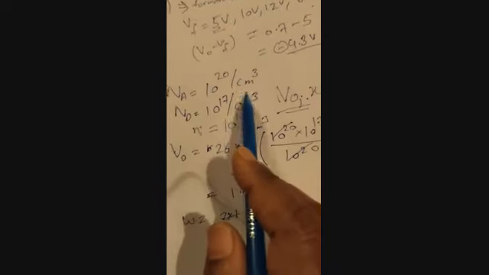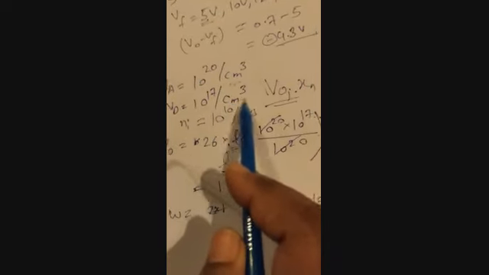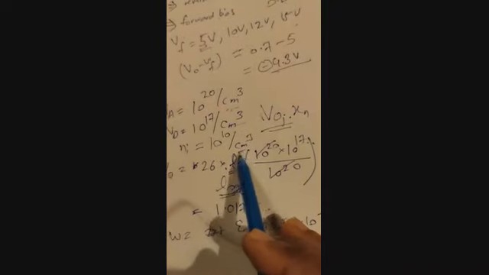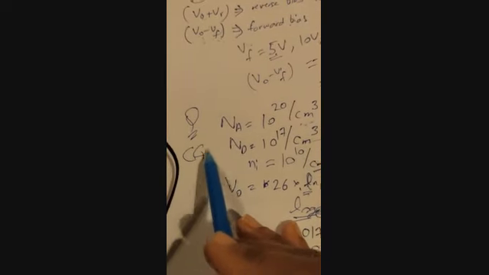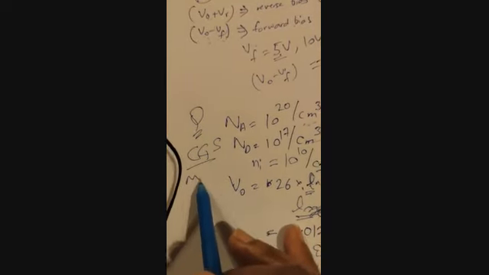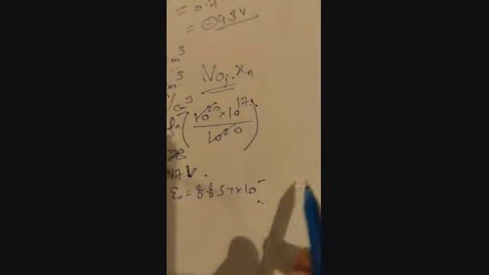One thing to keep in mind: whatever quantity I am giving is in centimeter cubed, so all the dimensions are given in CGS, not MKS. So I have to keep the constant consistent. I could change all the values to MKS, like per meter cubed, but it is better to keep the constant in CGS.